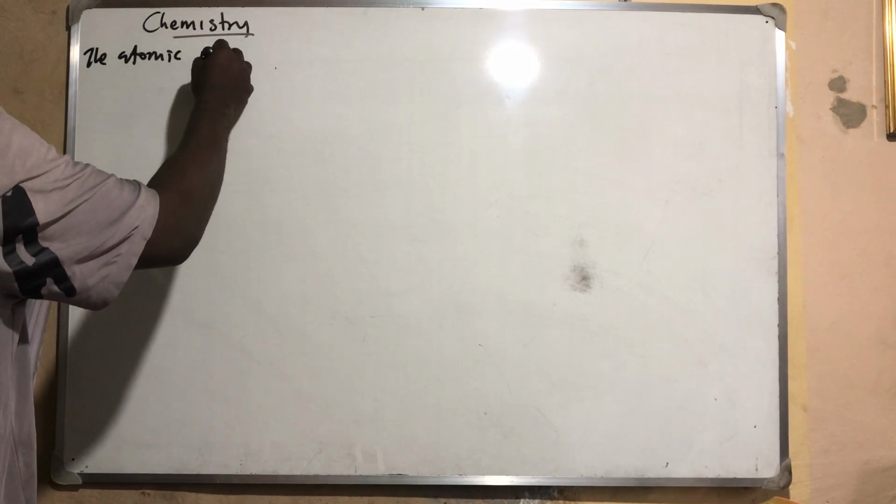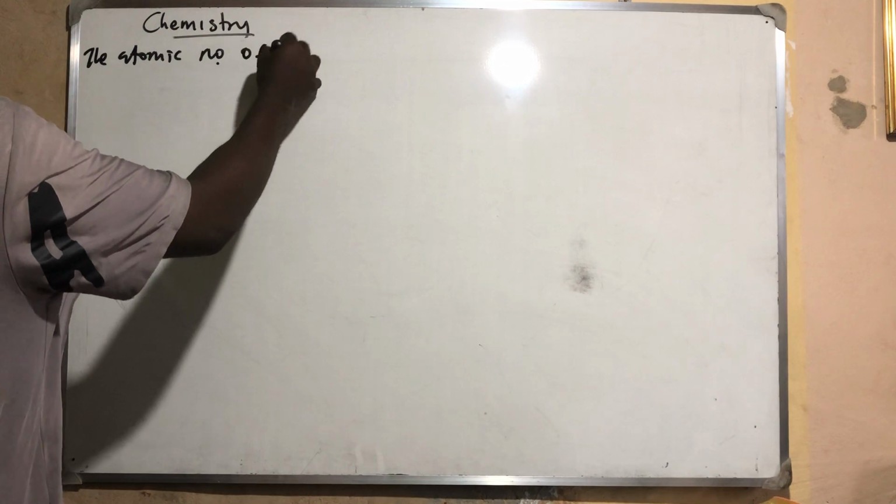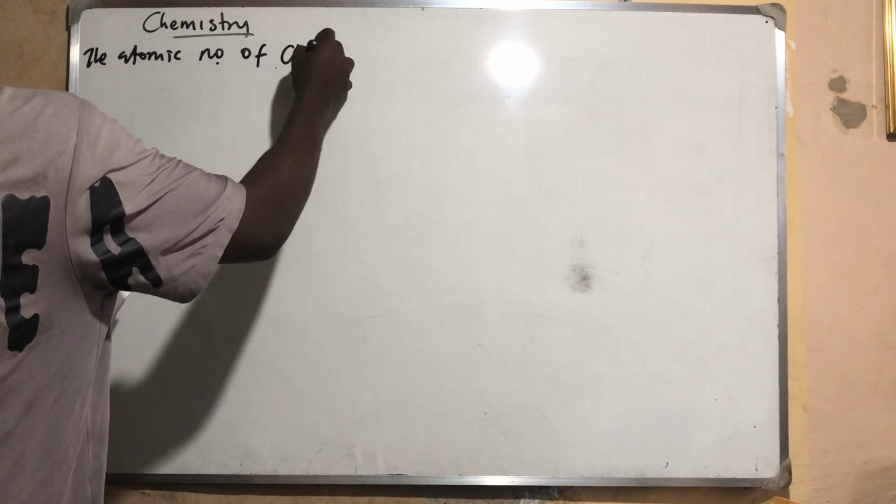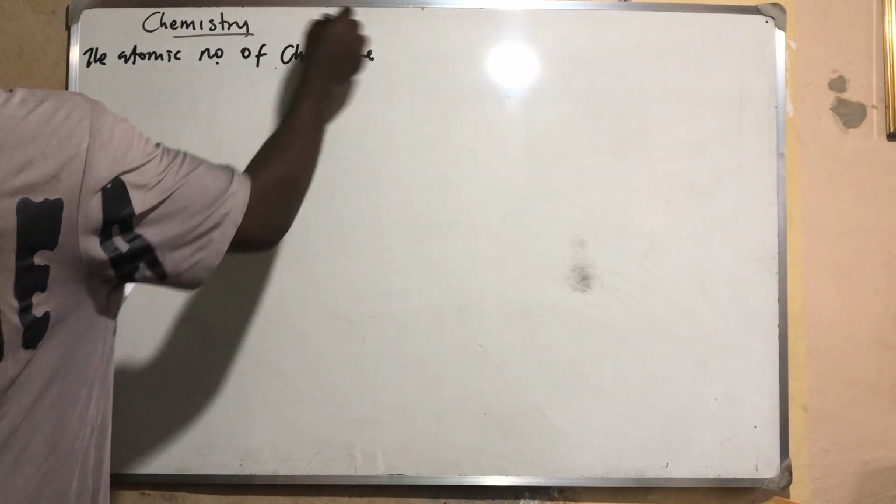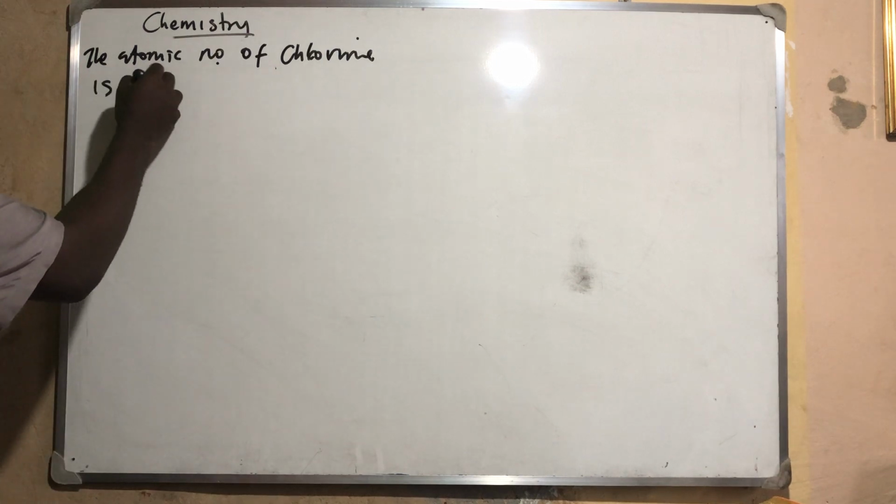Right? Very simple question. So the next question said, the atomic number of chlorine is 17.